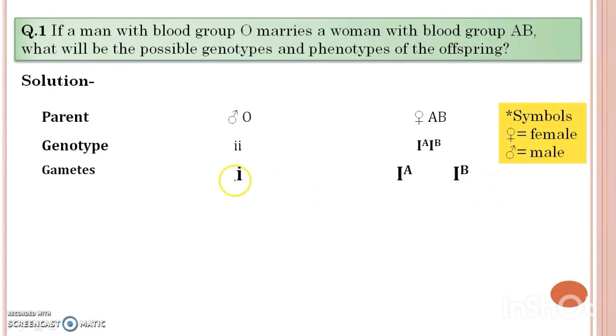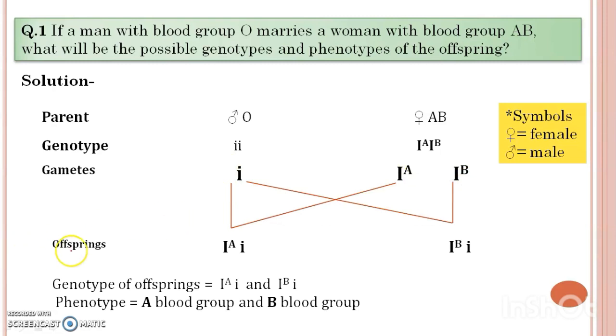Then we need to cross this male gamete with the female gamete. So there will be two different crosses. One will be small i with IA and another will be i with IB. After that the offspring will have the genotype IAi and IBi.